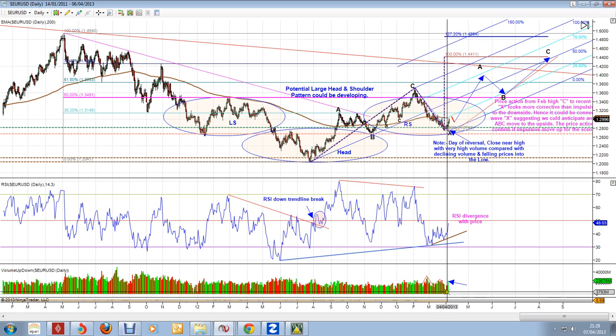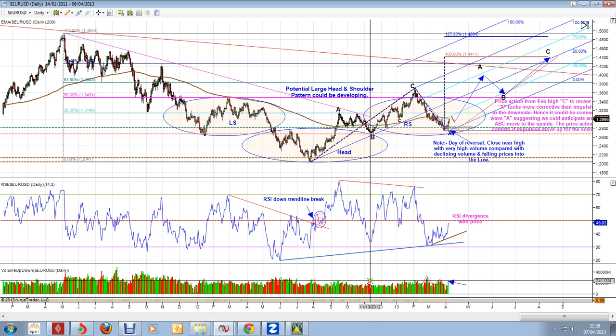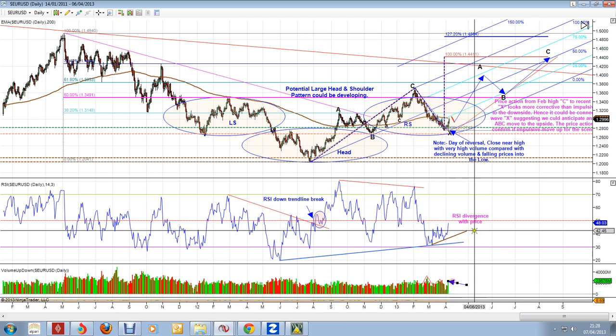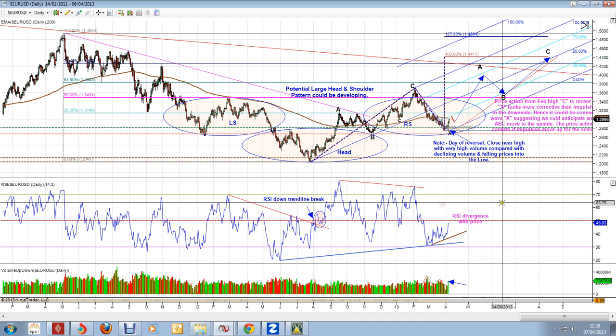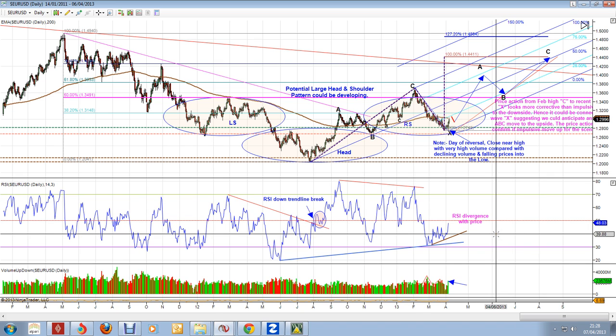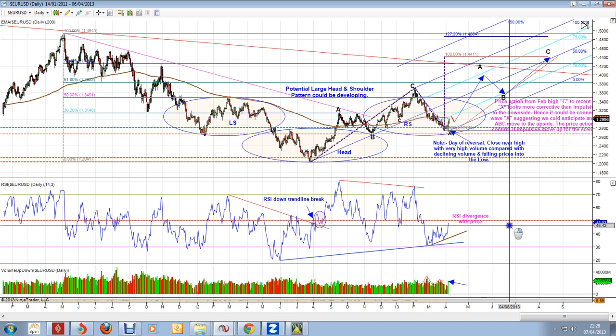And then on the day of that spike low, we have a volume which is relatively high. It's probably as high as it's been most of the time. So that's a relatively high volume, and the price then closed at the top end of that particular day's range. Gave back a little bit, but it was at the top end of that day's range.